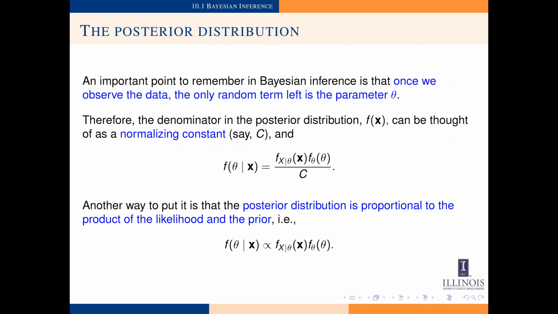Another way to put it is that the posterior distribution is proportional to the product of the likelihood and the prior. This symbol in LaTeX is called propto, and denotes proportional to. Because the posterior is equal to this thing divided by a constant, we know that it is proportional to the numerator, which is the likelihood times the prior.